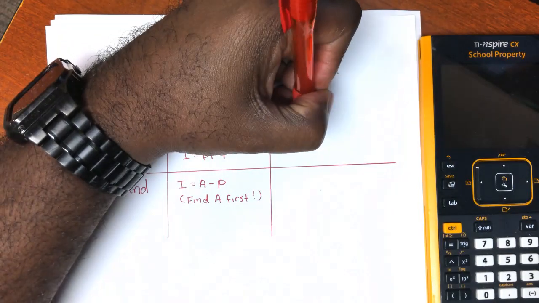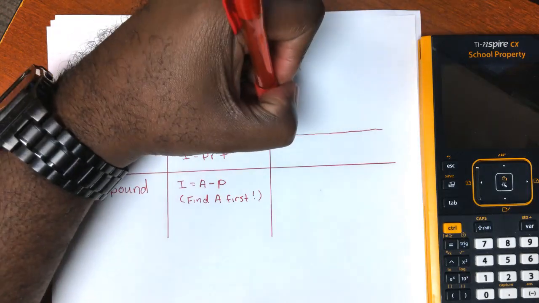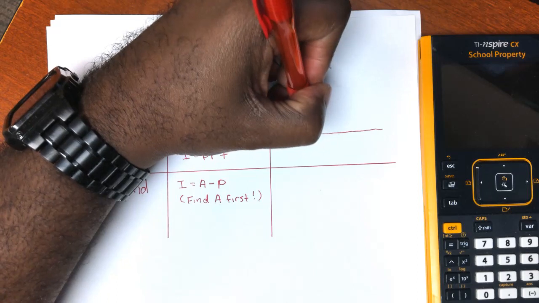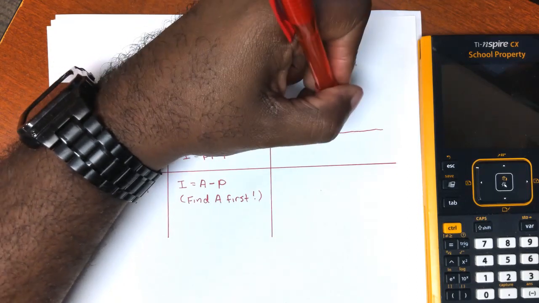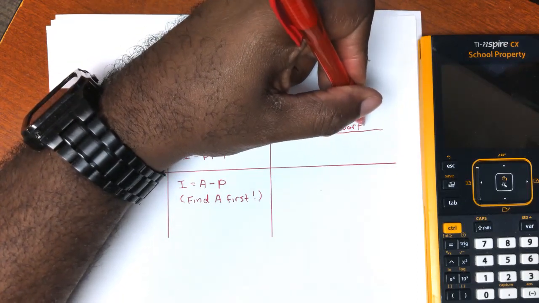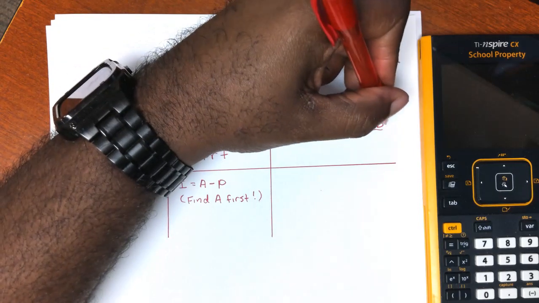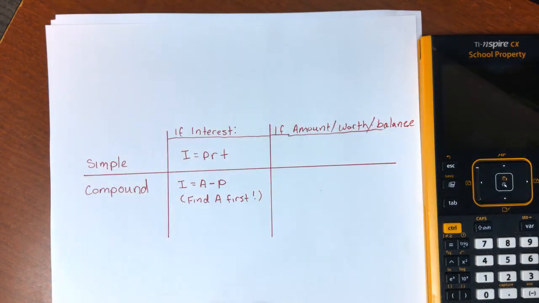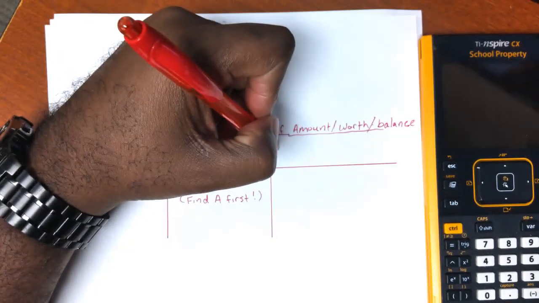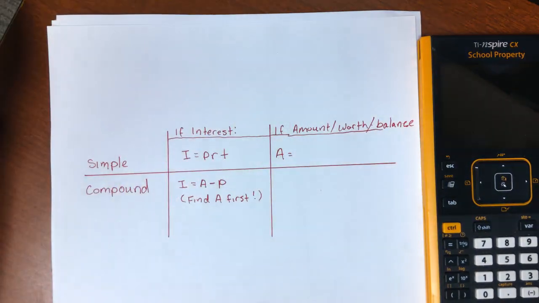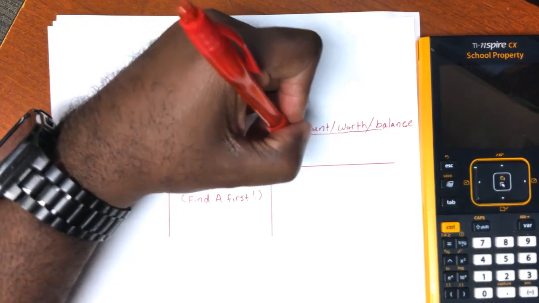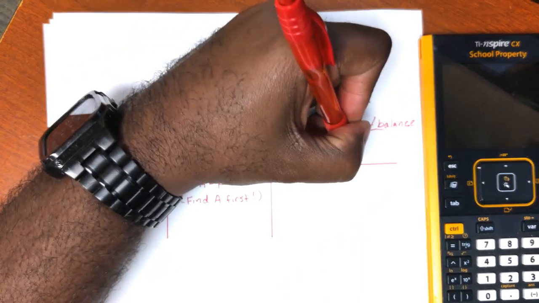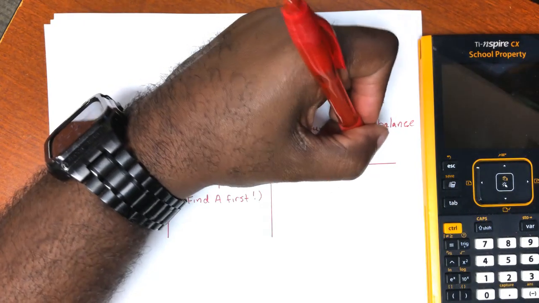If they ask for the amount, worth, balance, any version of those words, we're looking for A. For simple interest, that's going to be I plus P, but you're going to find I first.